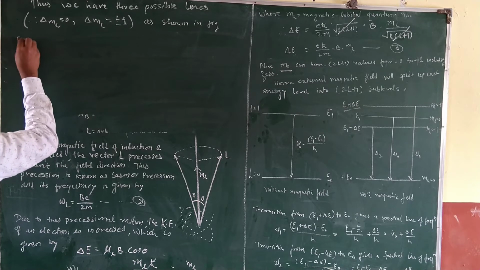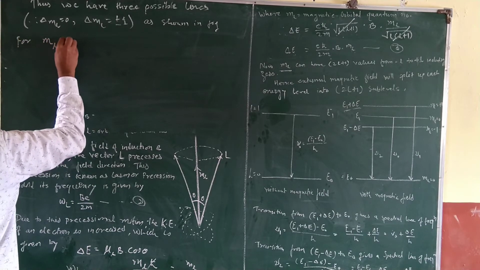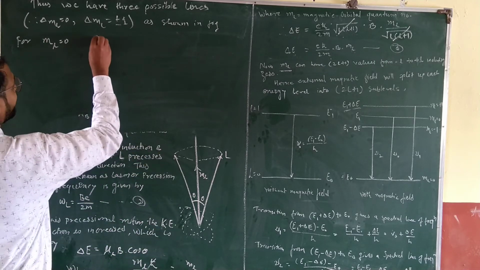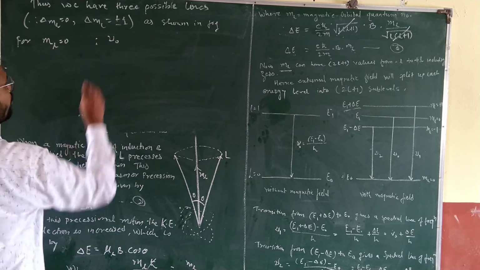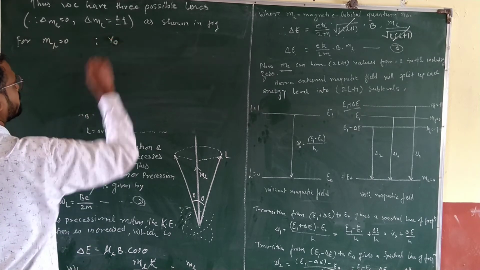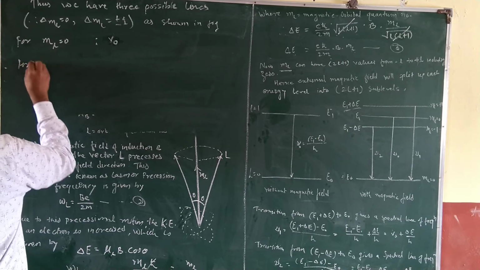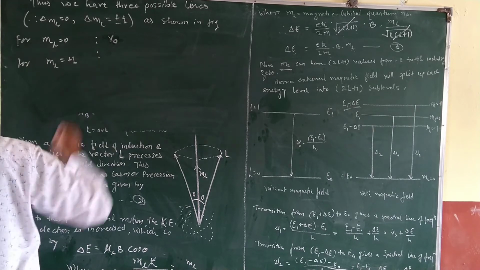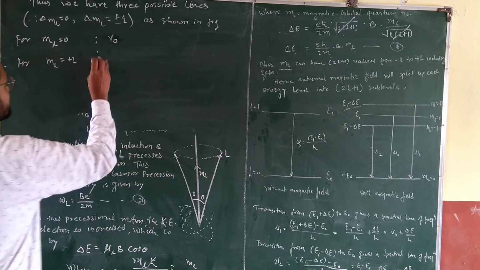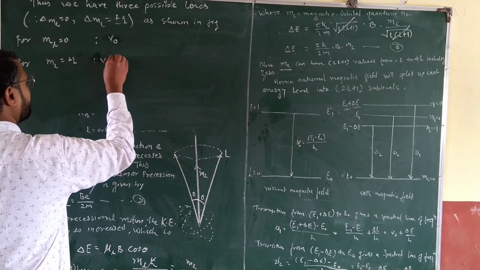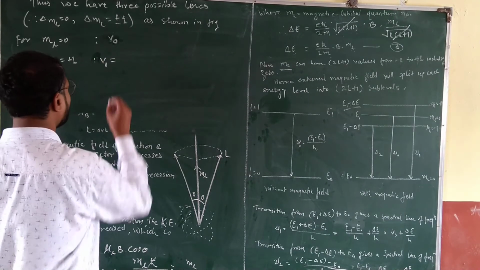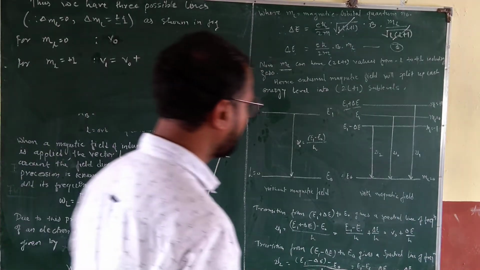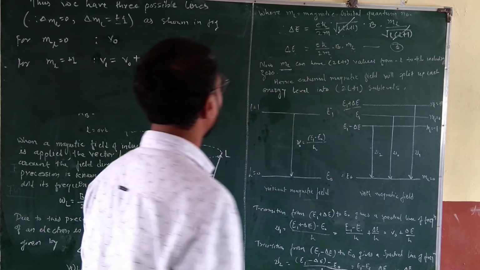For ml is equal to 0, the frequency is v0 or small v0, and for ml plus 1, the frequency should be v1, and that should be v0 plus del E upon h.